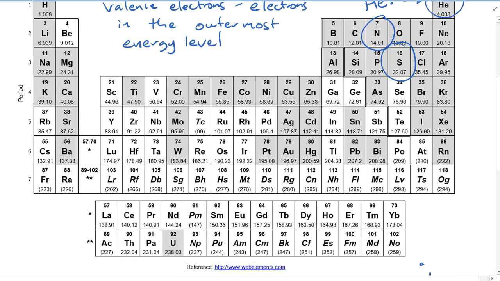And so the first one we're going to look at is going to be some lithium. And we'll go ahead and take the lithium out of here. All right.